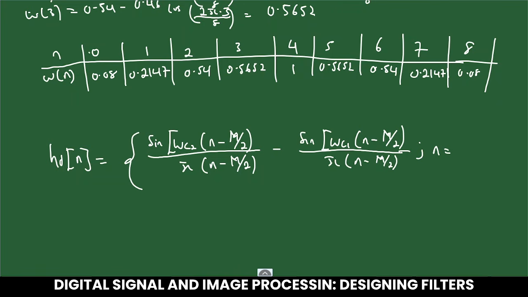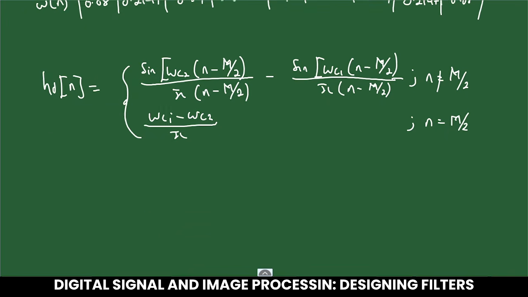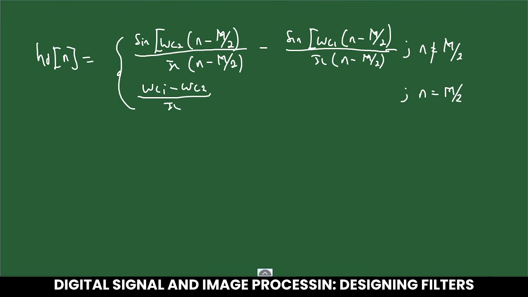And we have a condition that n is not equal to M on 2. Otherwise, that's when n is equal to M over 2, we have the other expression, all over pi. So this is the expression given.